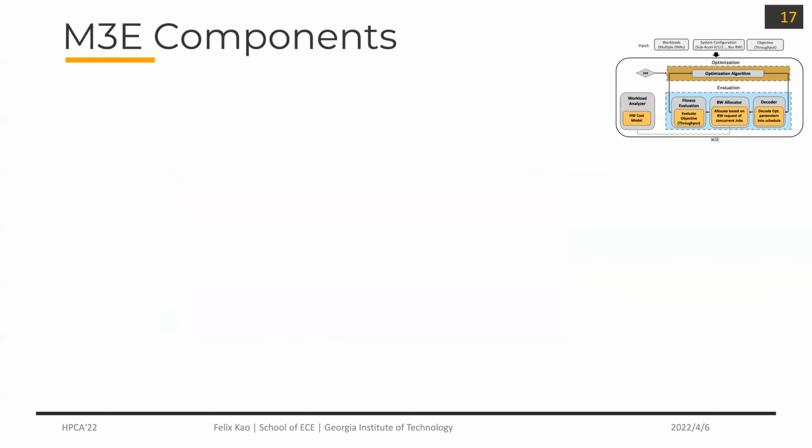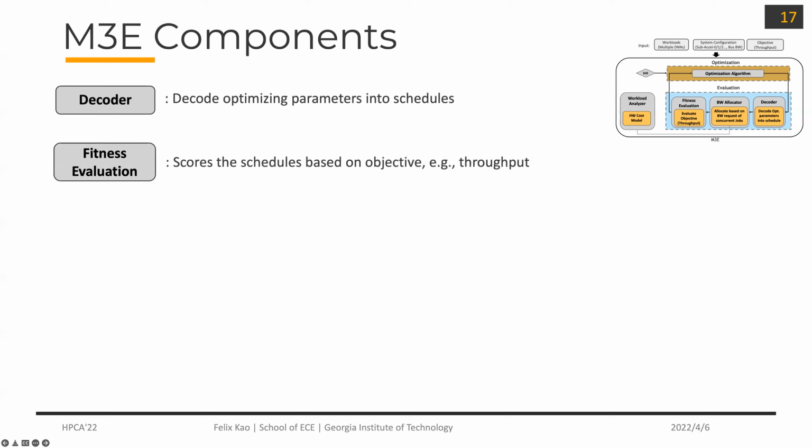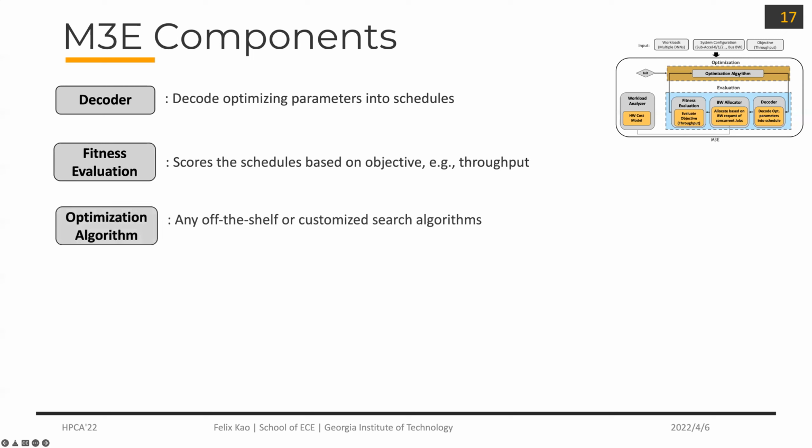Here are the other components of M3E. First, the decoder. It will decode the parameters into a schedule. Then fitness evaluation. It will score the schedule based on the objective. Then the optimization algorithm. It could be any off-the-shelf or customized search algorithm, such as black-box methods like genetic algorithm, differential evolution, particle swarm optimization, and so on, or RL-based methods.